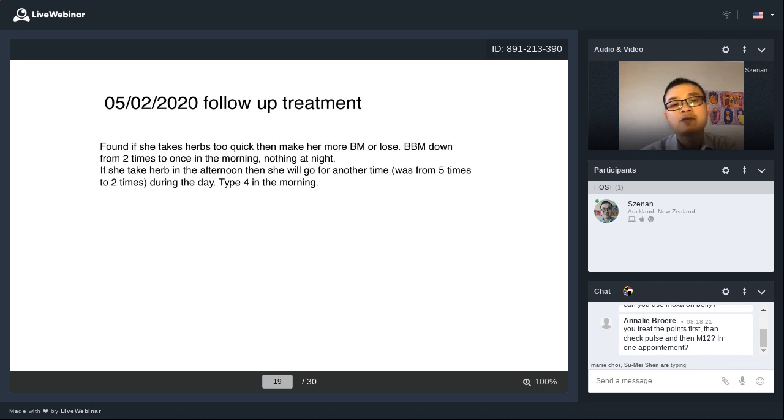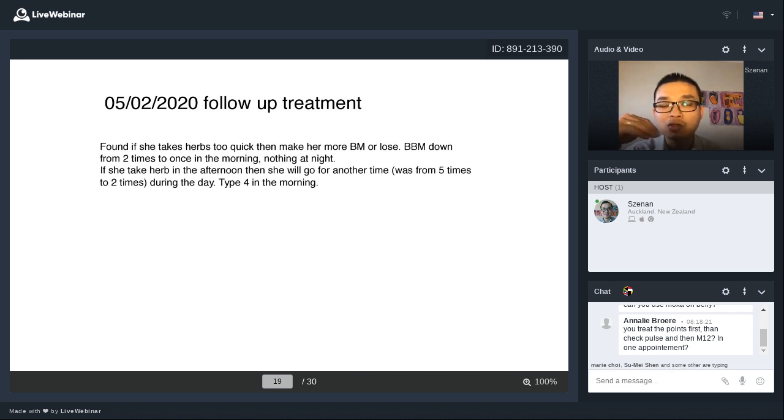Okay, the 5th February. That was the beginning of this month. So she complained again, found if she takes herbs too quick, then it makes her more bowel motion or loose. So there's something in the herbs, she said. Bowel motion down from 2 times to once in the morning, nothing at night. If she stops taking the herbs in the afternoon, there's no bowel motion.